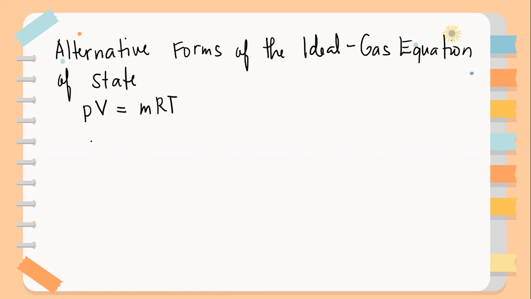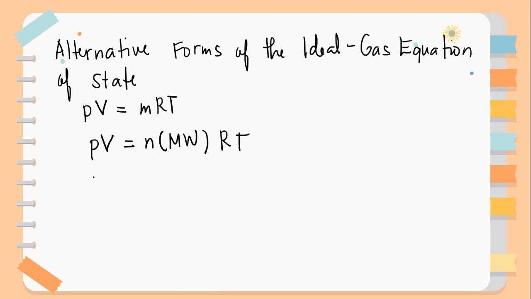Another formula. We have PV is equal to N times the molecular weight times RT. Multiplying by the molecular weight or molar mass, we have M, the mass, is equal to N times MW.